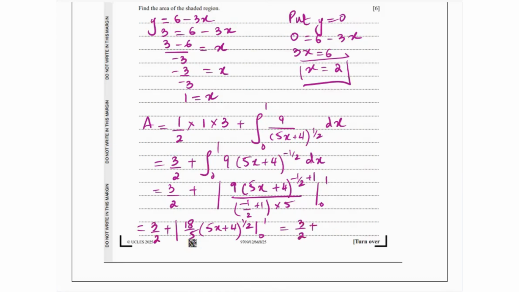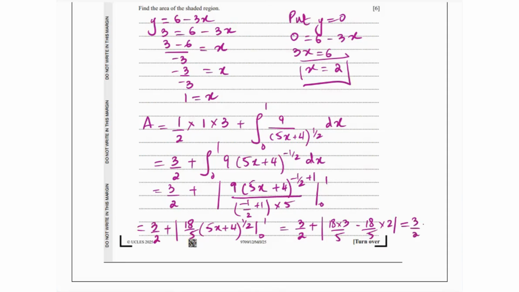So that's going to be 5 times 1 is 5, 5 plus 4 is 9. Square root of 9 is 3, so 18 times 3 over 5 minus 18 over 5 times, 5 times 0 is 0, 0 plus 4 is 4, square root of 4 is 2.